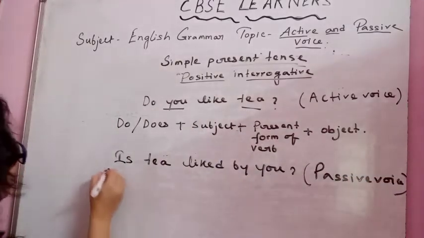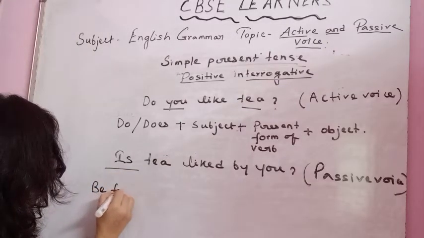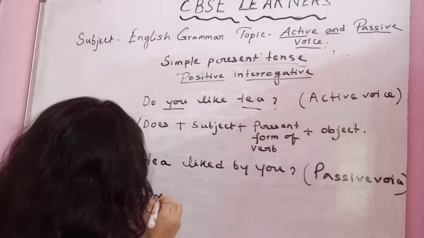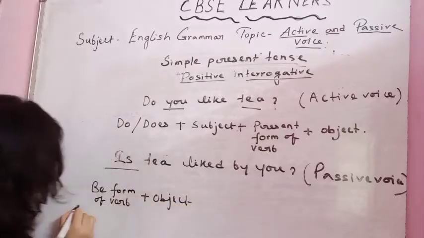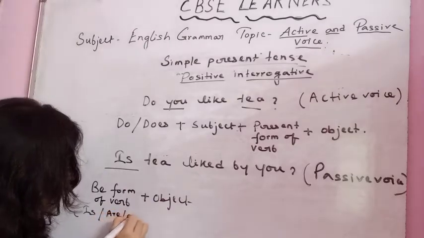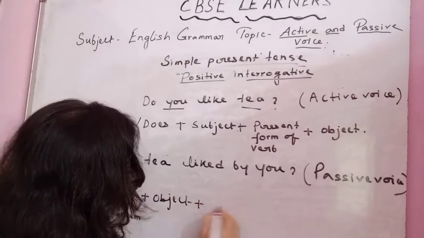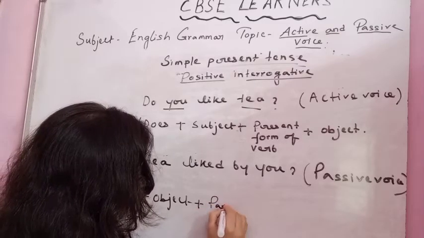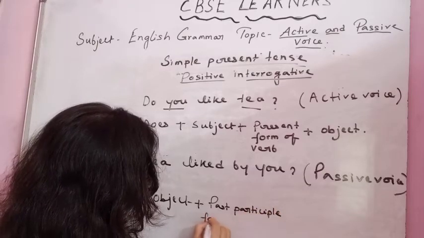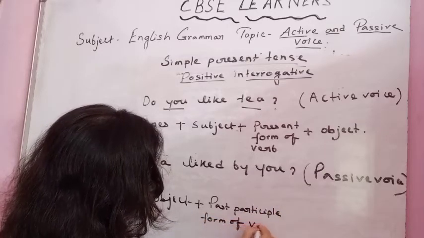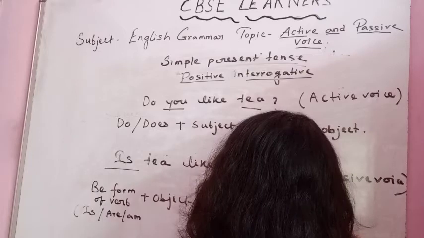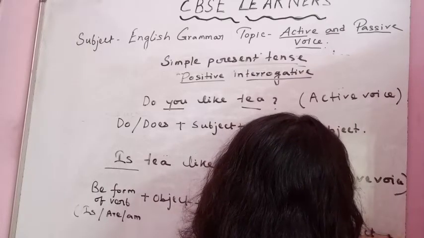Passive voice. So here we are using first the be form of verb, or we can say, let me make it clear or else you will be confused, is or are or am, plus object, plus past participle form of verb, plus by, plus subject, that is you, with question tag.